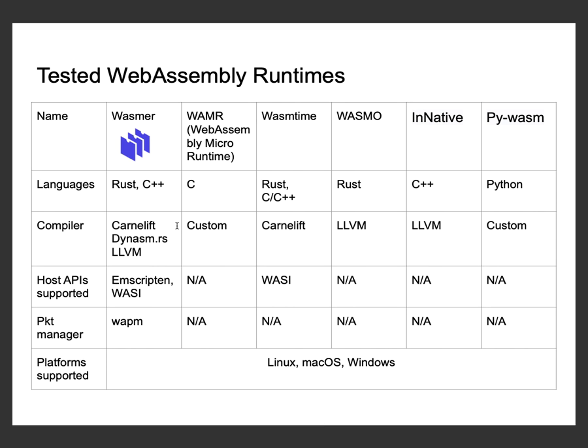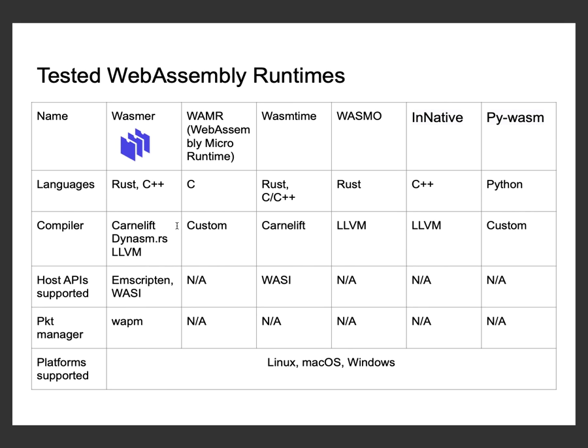Those are the main runtimes we tested right now, and this is basically the average runtime you can find on GitHub. The most successful, I would say right now, is Wasmer. You can see everything is filled up.